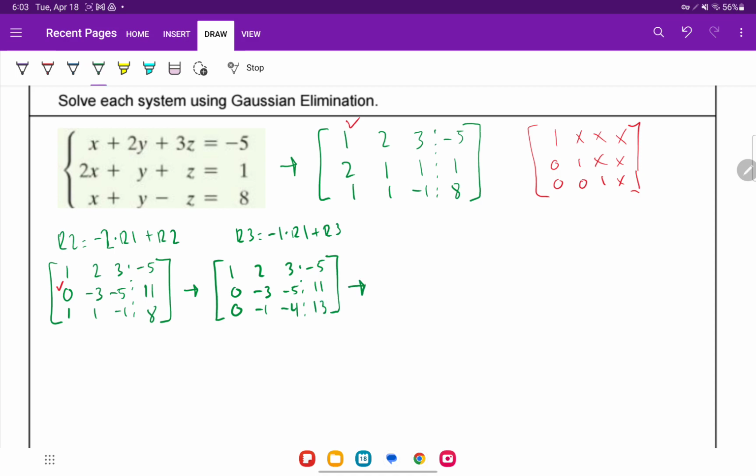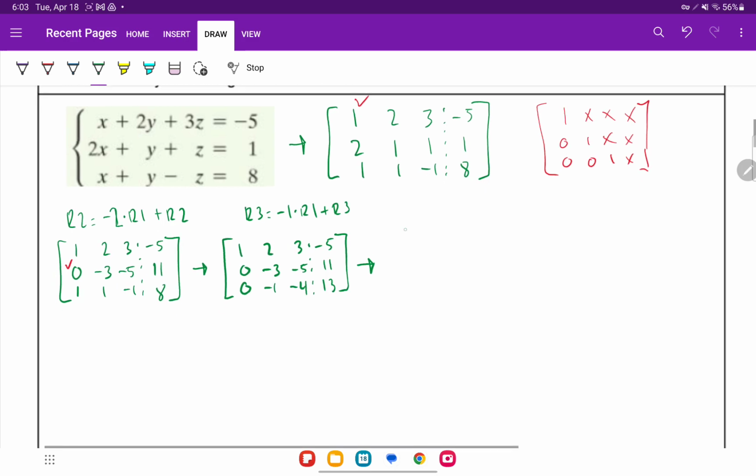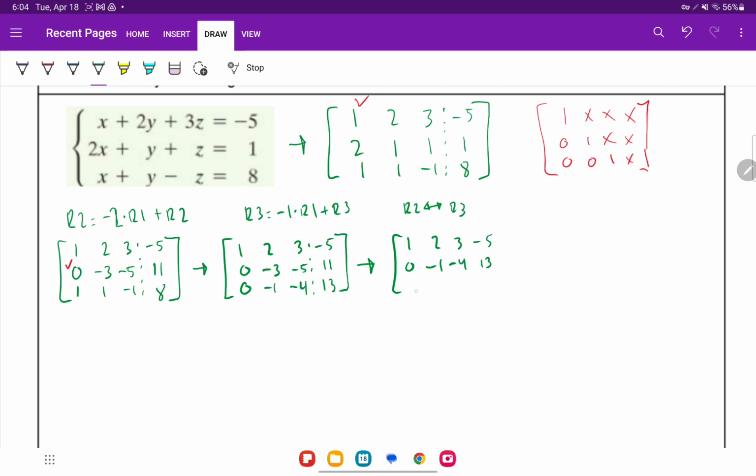All right. Now I'm going to interchange rows. What is this? Rows 2 and 3. I'm going to swap them. So row 1 stays the same. Row 3 moves to row 2. And then row 2 moves to row 3.